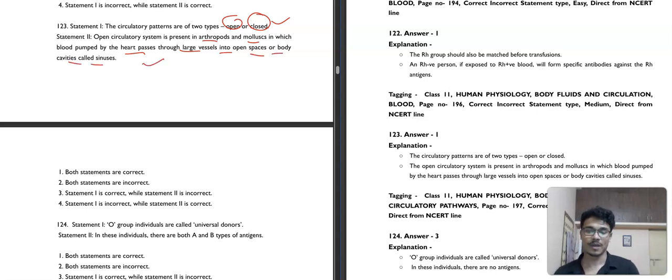It is correct. But in the closed system, blood does not travel in open spaces, it travels in specific vessels to specific organs. So both are correct statements. First option is our correct answer.